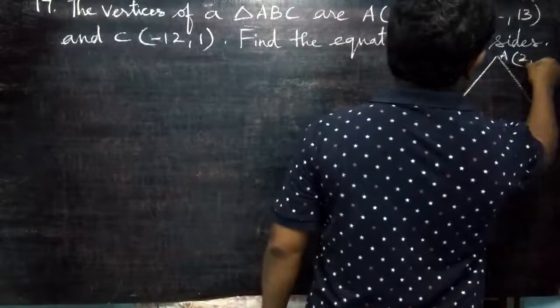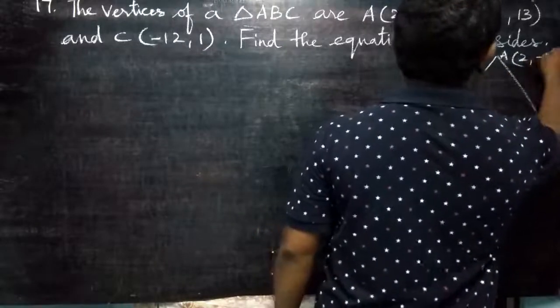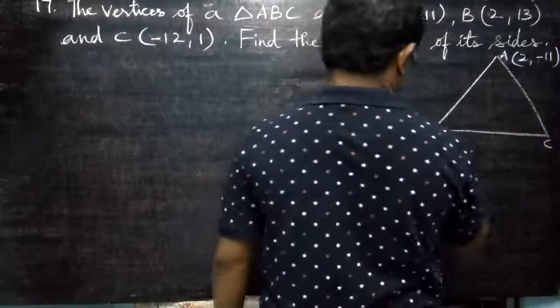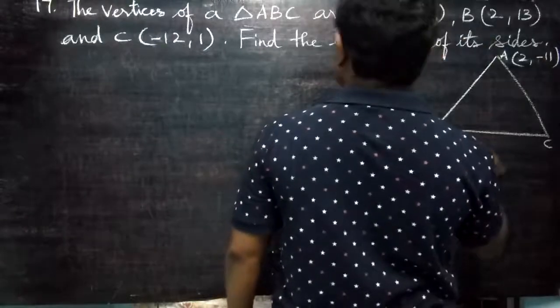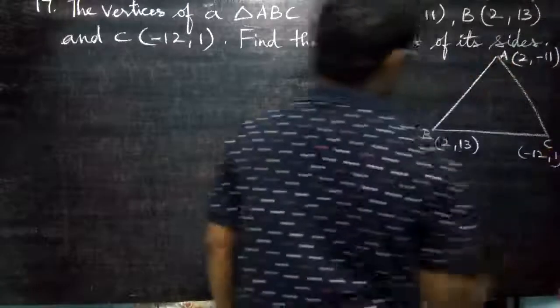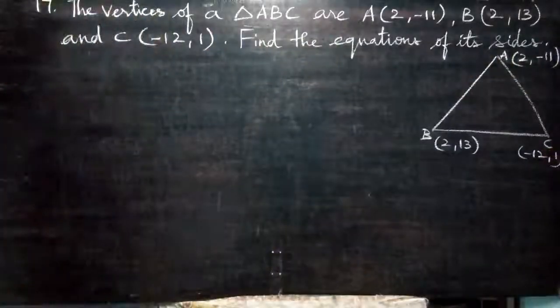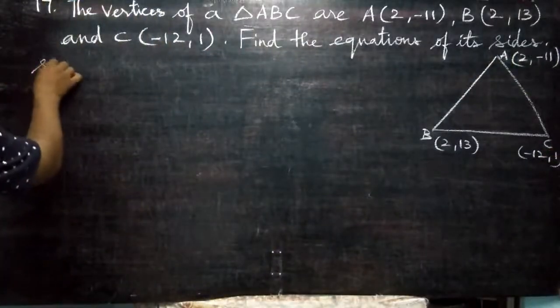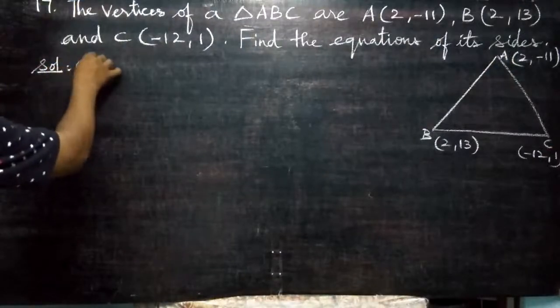A is (2, -11), B is (2, 13) and C is (-12, 1). They are asking to find the equation of its sides. So, solution given.